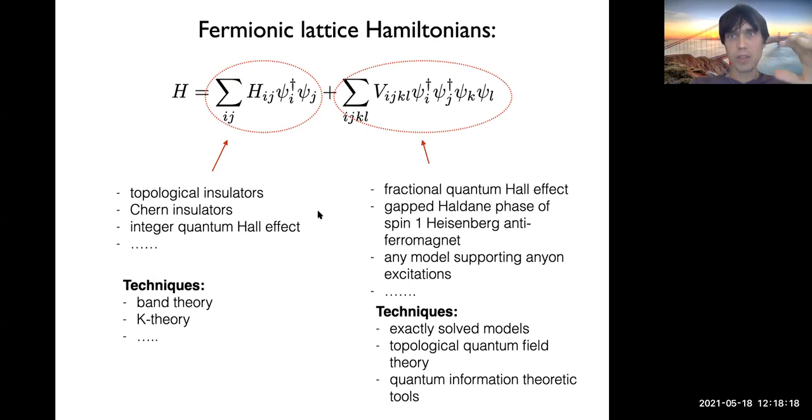So as far as the kinds of phases that actually require strong interactions, these exotic, strongly correlated phases that I'll spend the rest of the talk discussing, there aren't actually a lot of them, but people do spend a lot of time thinking about them.